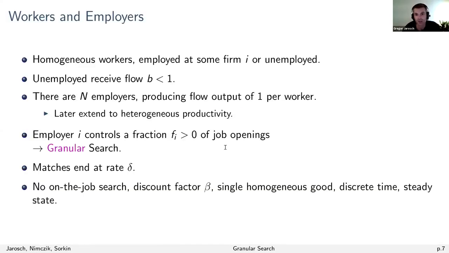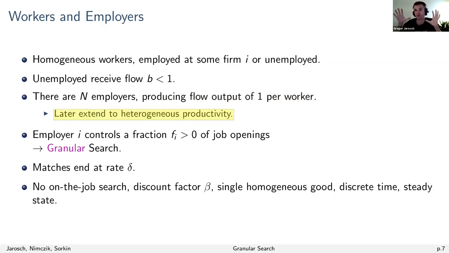Anyway, here's the setup. It's really a textbook model of a frictional labor market, Pissarides 101 with a twist or two. So there are homogeneous workers that can be employed or unemployed. When they're unemployed, they receive some flow value that's less than the normalized flow value of output they produce when they work for a firm. We'll later have heterogeneous firms, but for now, firms are homogeneous as well.